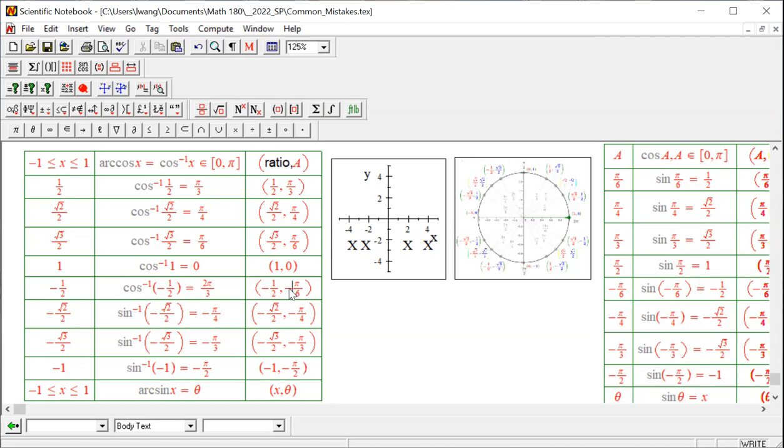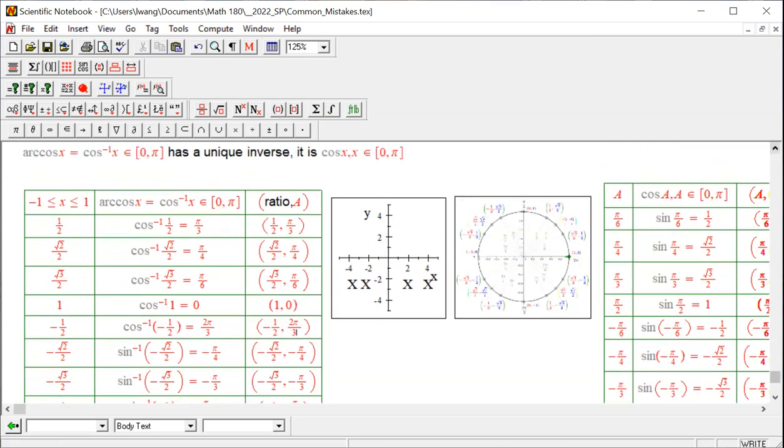When we mention the output for arc cosine, the output is between 0 to pi. We cross out quadrant 3 and quadrant 4, so your output will never be negative, no matter what input you pick from -1 to +1.